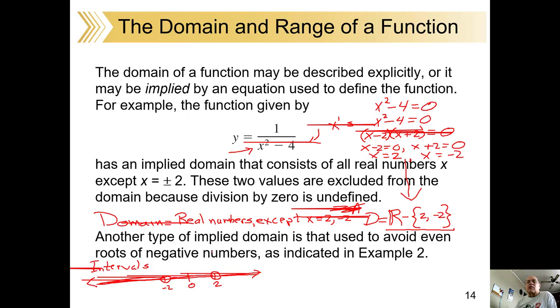A better way of describing it, you don't have to worry about the pictures, is if you look at this picture right here, we've basically split the number line into 3 sections. We've got a section from -infinity up to -2, not including the -2, so we'll put parentheses there. Plus, we use a set union for this one.